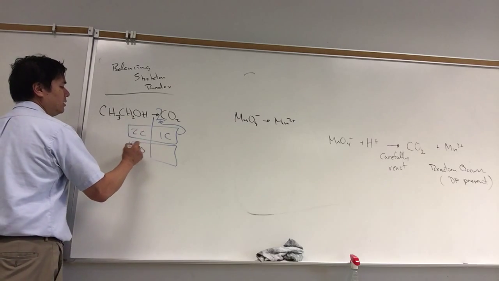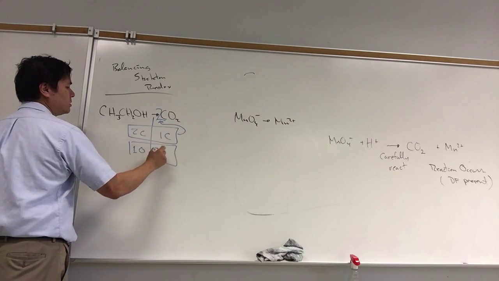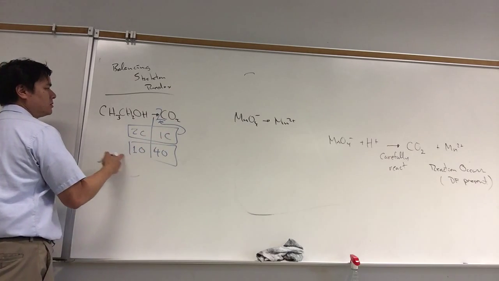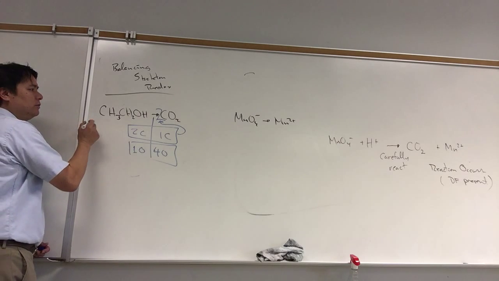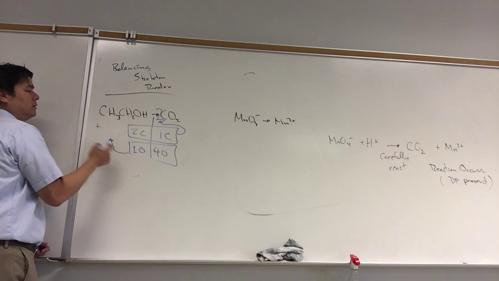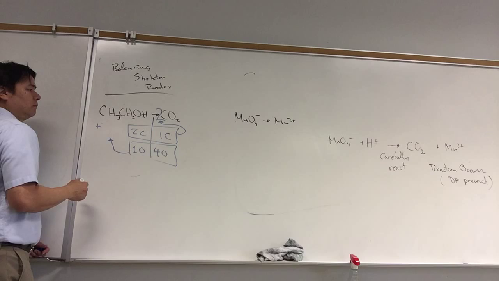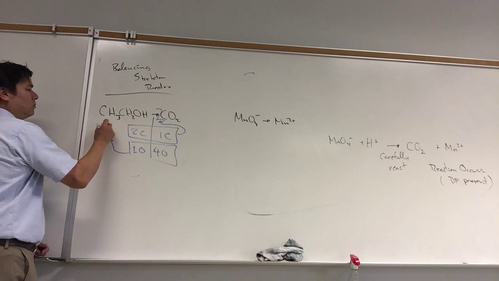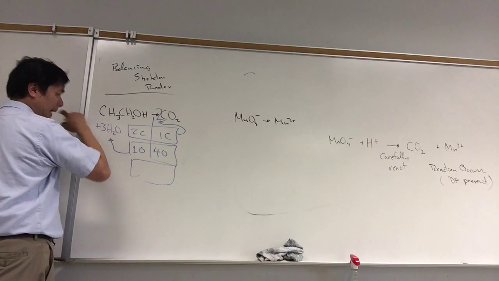We have 1 oxygen here, and 2 times 2 is 4 oxygens here. How do we balance? Do I multiply this by 4? No, I can't. I need 3 oxygens, so I'm going to add 3 H2Os.